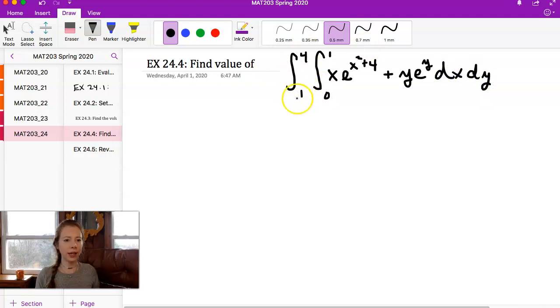So in this case, our order of integration is different from what we've been doing. Our y extents are on the outside and our x are on the inside. And so let's take care of evaluating this.